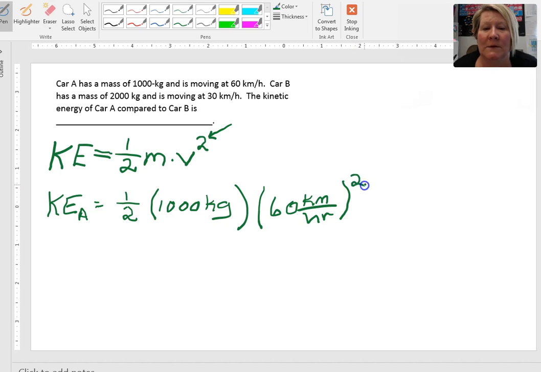And we can't forget to square this, because our formula for the energy of motion, kinetic energy, is 1/2 mass times velocity squared. Okay, so our kinetic energy for car A is 1,800,000 joules.